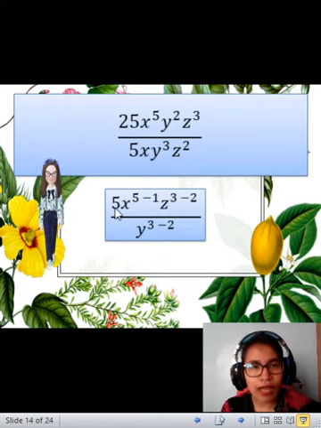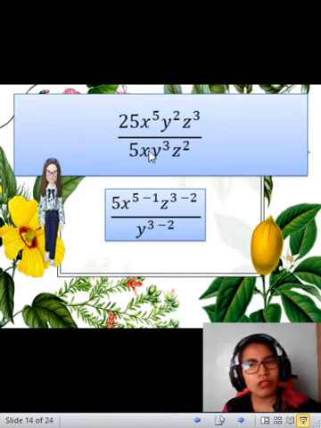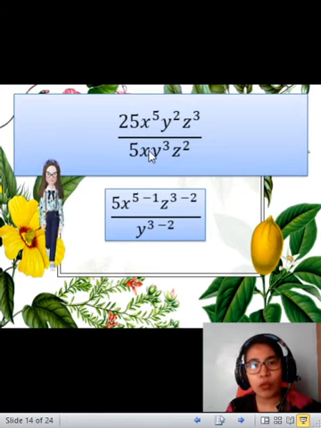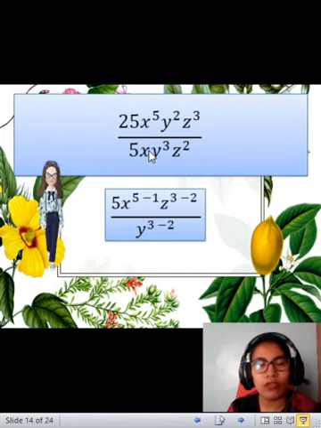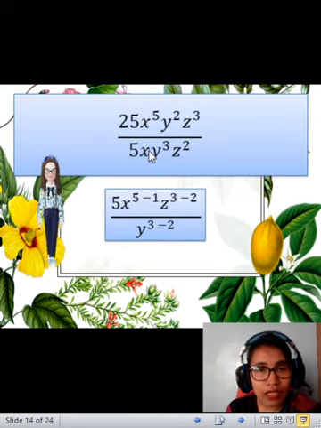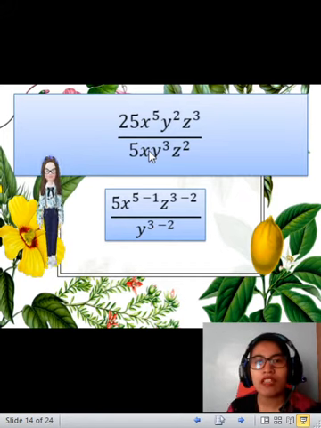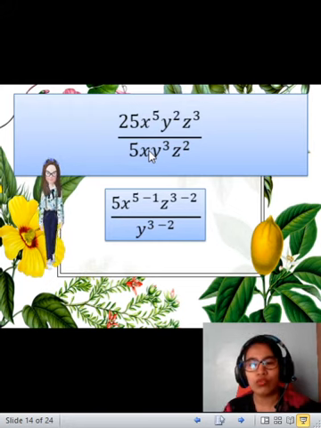So we have 5 x to the 5 minus 1. Again, those without a written exponent have the exponent as 1. So 5 minus 1. Then you will have z to the 3 minus 2, all over y raised to 3 minus 2.